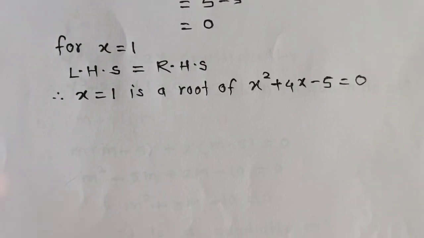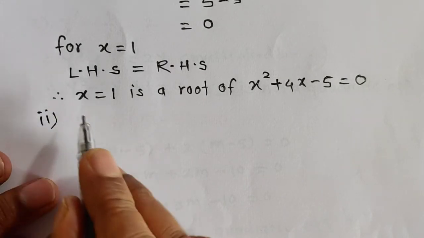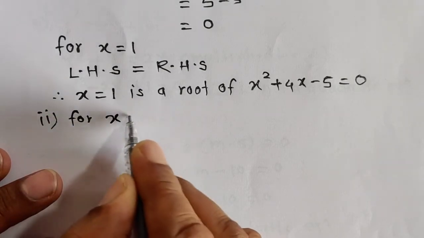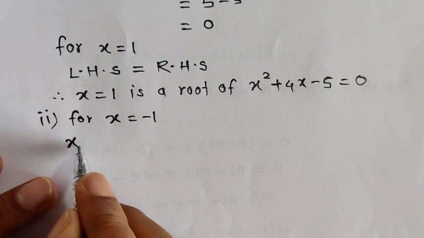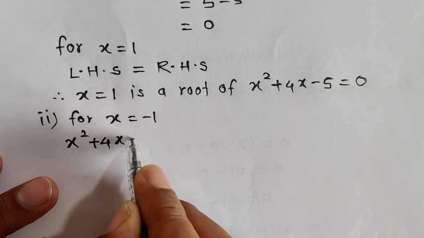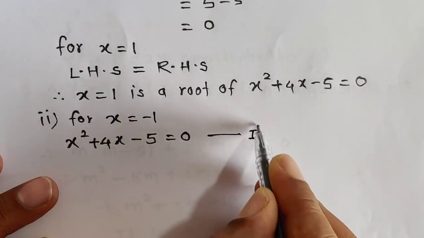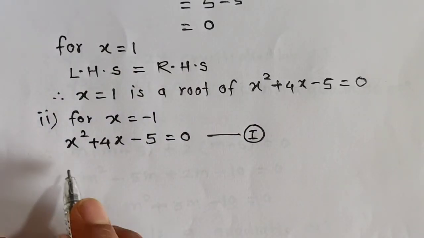Now let's see one more value. Second value, for x is equal to minus 1. So first write the given equation, x square plus 4x minus 5 is equal to 0. This is the given equation and write it as equation number 1. Now what we have to write?